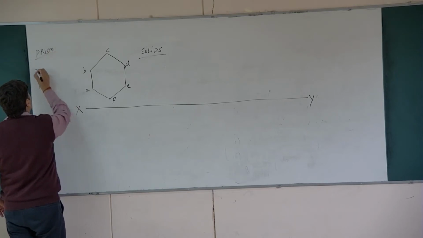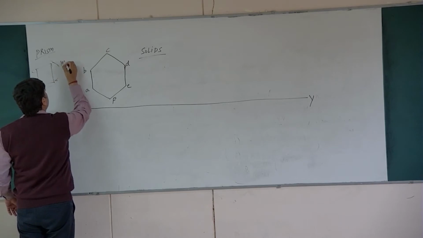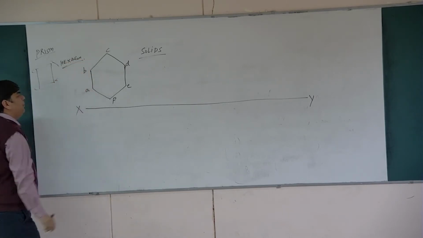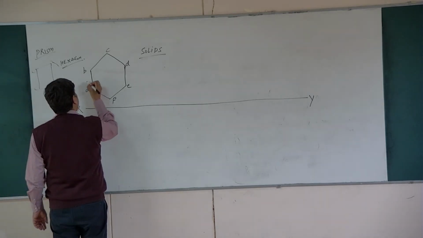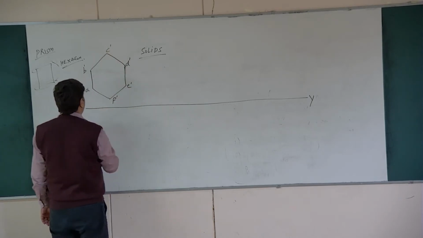It means the top surface and bottom surface will be hexagons, because it is a hexagonal prism. Since it is the front view, we will name it A dash, B dash, C dash, D dash, E dash and F dash.